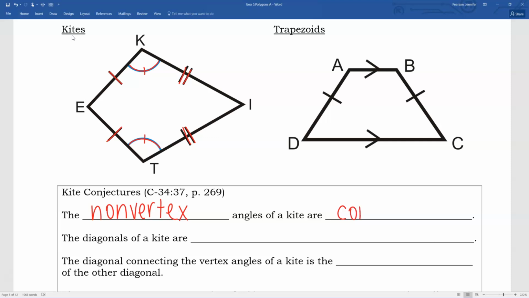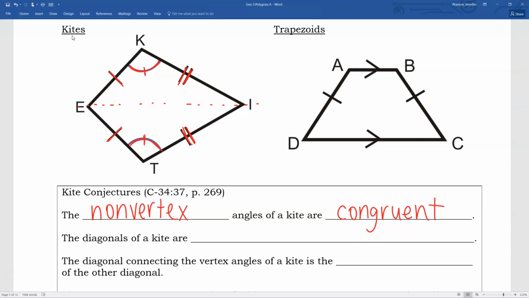You can almost think about a kite, you can fold it in half and all of the values along that fold are going to be congruent, right? So this guy is congruent to this guy. This guy is congruent to this guy. And in fact, this angle is congruent to this angle. All of our opposites are congruent.